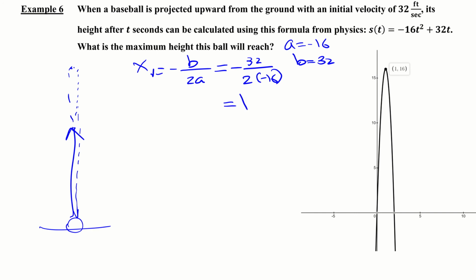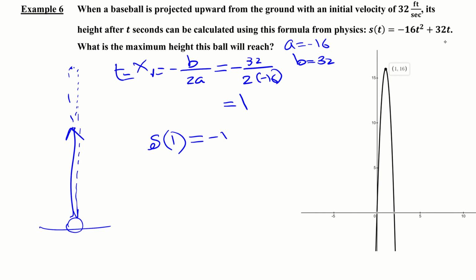So now, remember this here, I should say, actually, since we're given t versus height, it's better to use t here. So this is going to be a time that we are finding here. So we're going to get 1. So now we want s of 1. So that ball is going to reach its maximum height in actually just 1 second. So it's a quick flight.